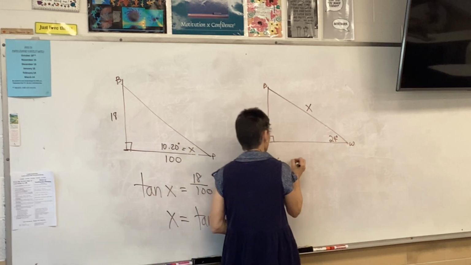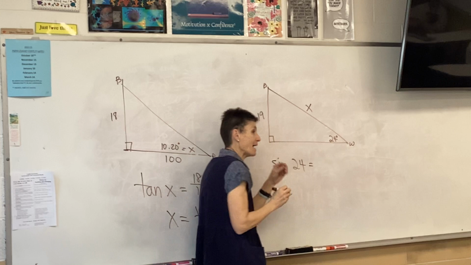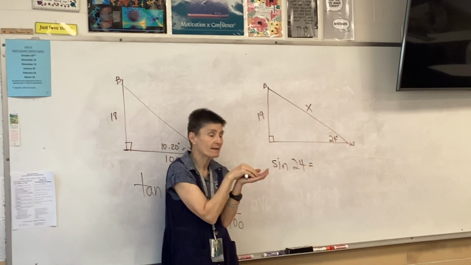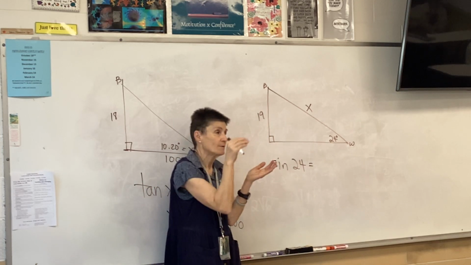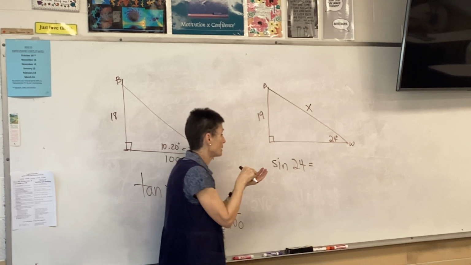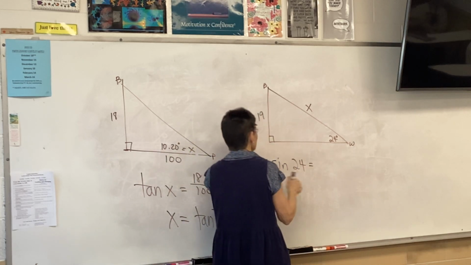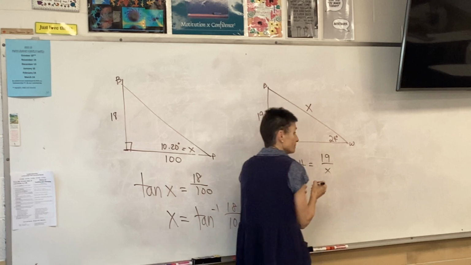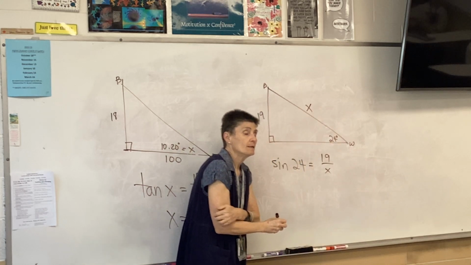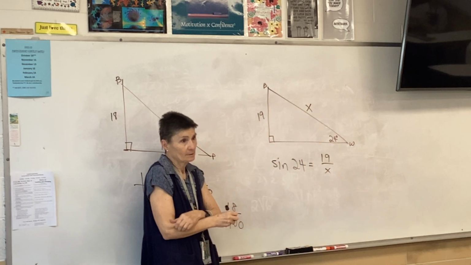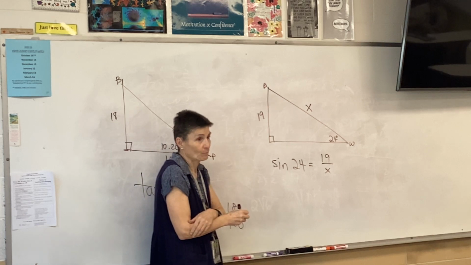So sine 24, please remember the angle goes with the sine. Never put the angle in a fraction. The angle goes with the sine. So sine 24 equals 19 over x. Now, Samaya, I gotta multiply to get rid of that fraction.